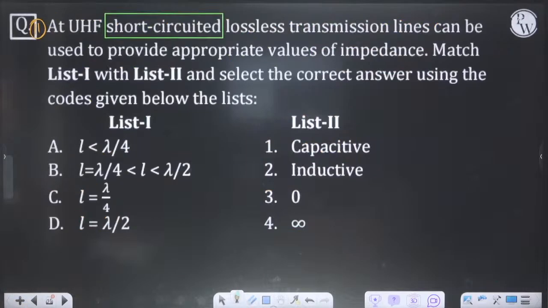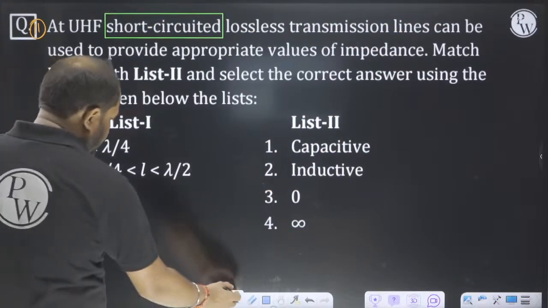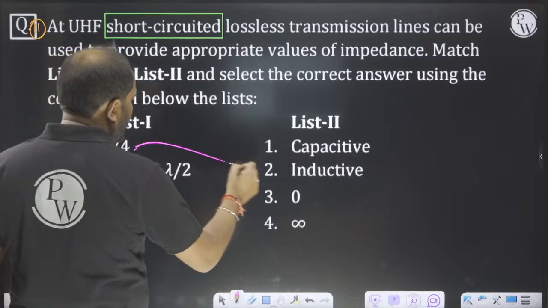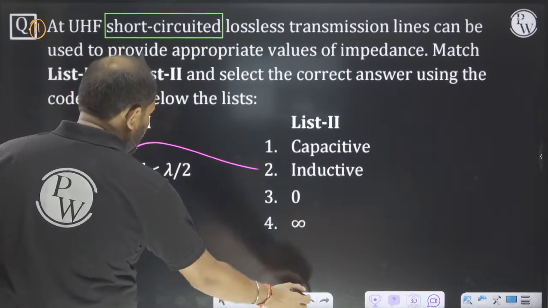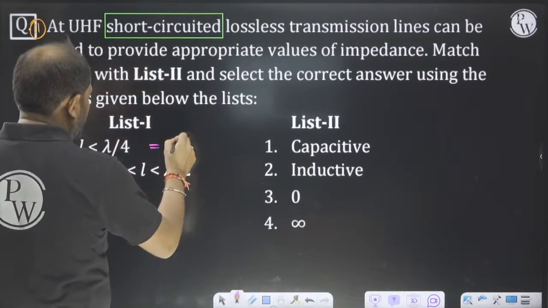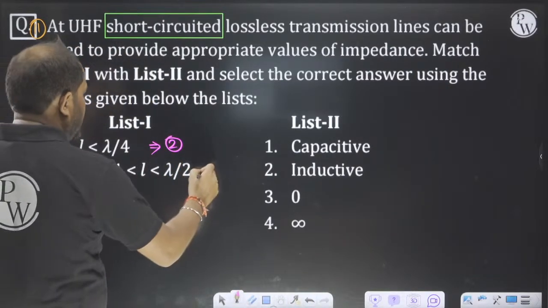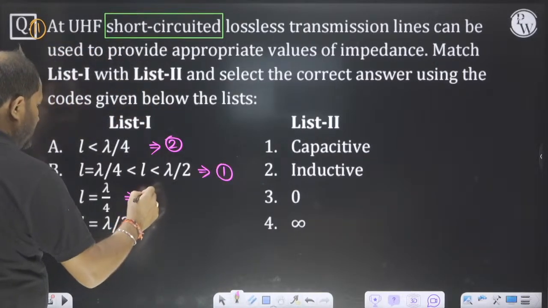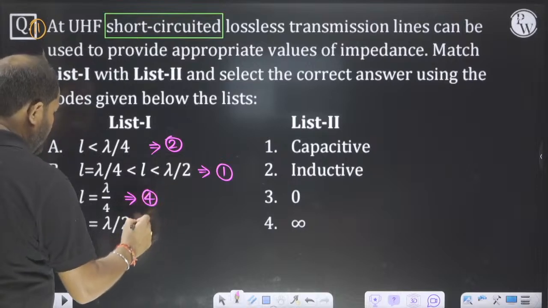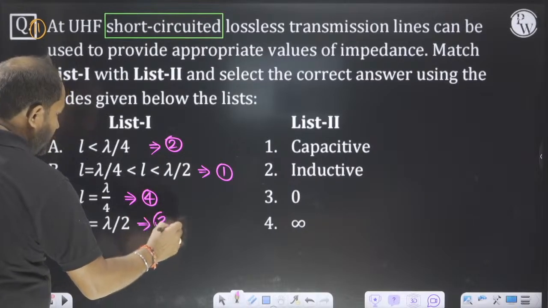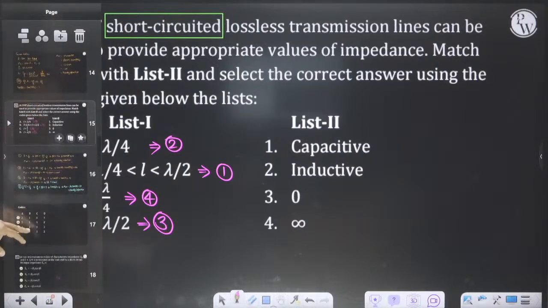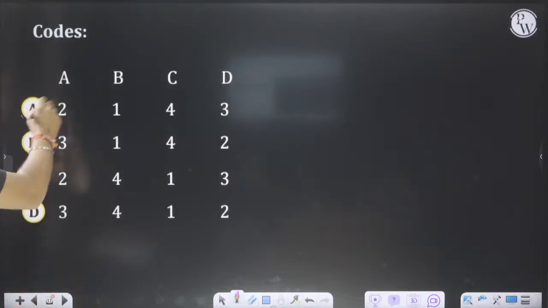First one is purely inductive, that means A is equal to 2. This one is purely capacitive, 1. This one is open circuit, 4. And this one is short circuit, that means 3. So 2, 1, 4, 3 is our answer. Answer will be A.